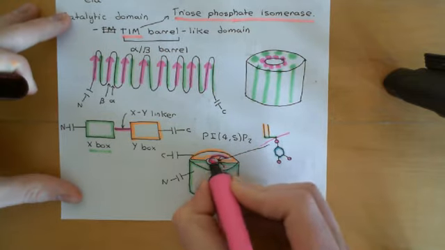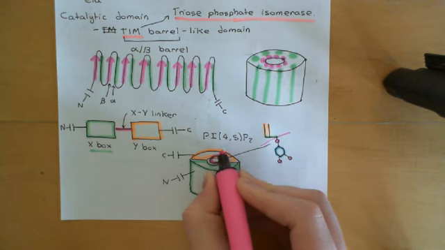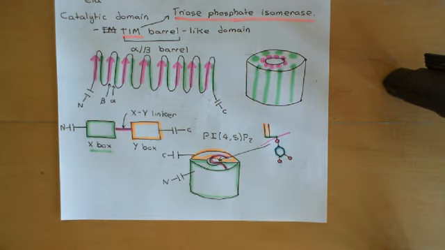Here is this XY linker, between the X box and the Y box, and it usually folds down into the catalytic site, obstructing it, so that this tin barrel-like domain is completely inhibited and can't get any PIP2 molecules inserting into it, and therefore it's not capable of catalyzing its breakdown reaction. This is common to all of the phospholipase C enzymes, all 13 of them.